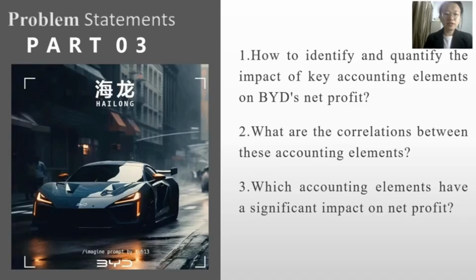The study of these three issues not only helps to deeply understand BRD's financial performance, but also provides empirical evidence to enterprises in making strategic decisions. In order to solve this problem, we use multiple linear regression and correlation analysis methods.